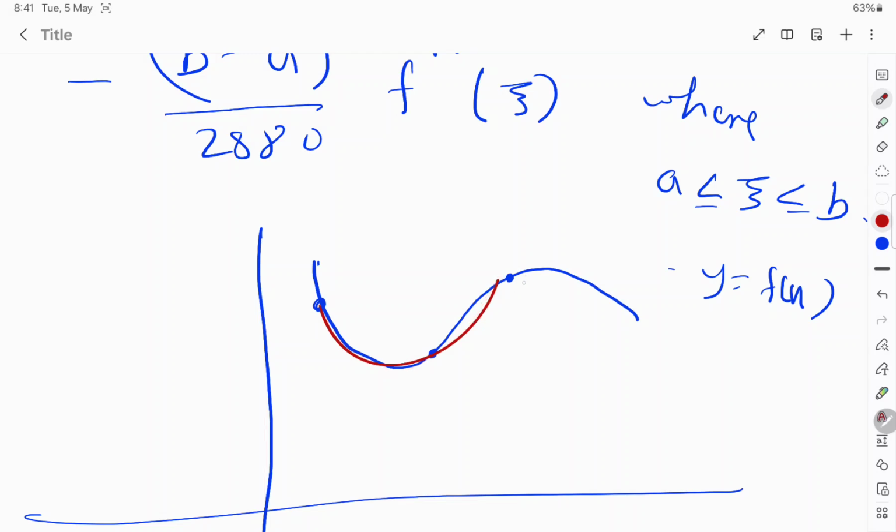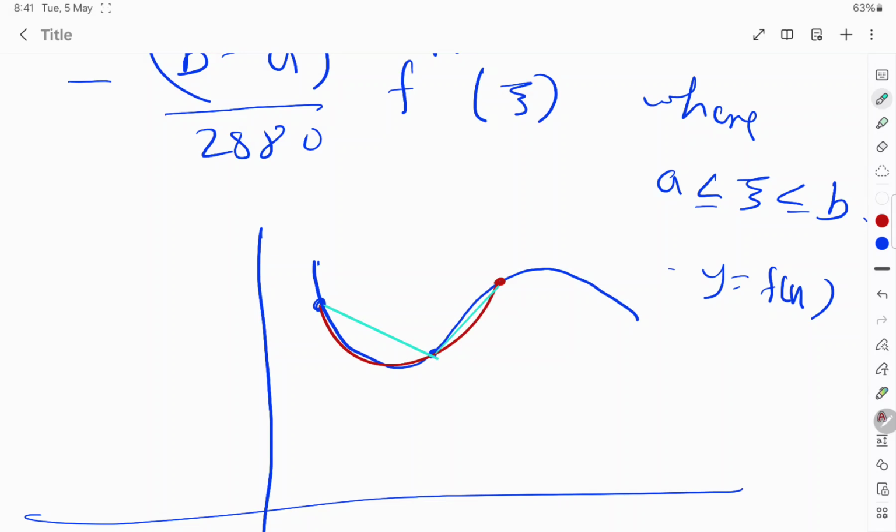In trapezoidal they do it this way. So this is trapezoidal, and the red one is for Simpson.